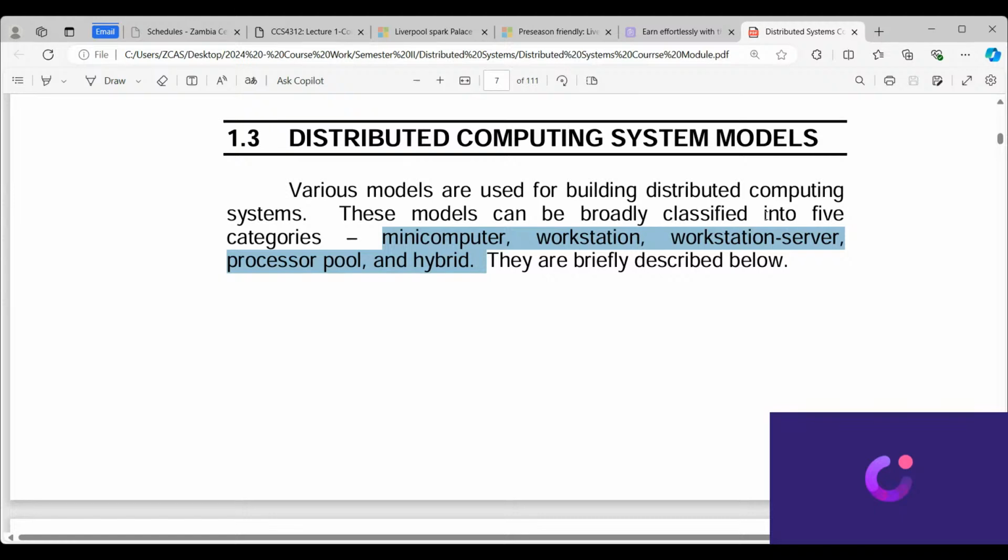The first four are the categories, and the fifth one is basically the hybrid model that takes into consideration the combination of some of these models. So they are briefly described below. We are going to discuss each of these.